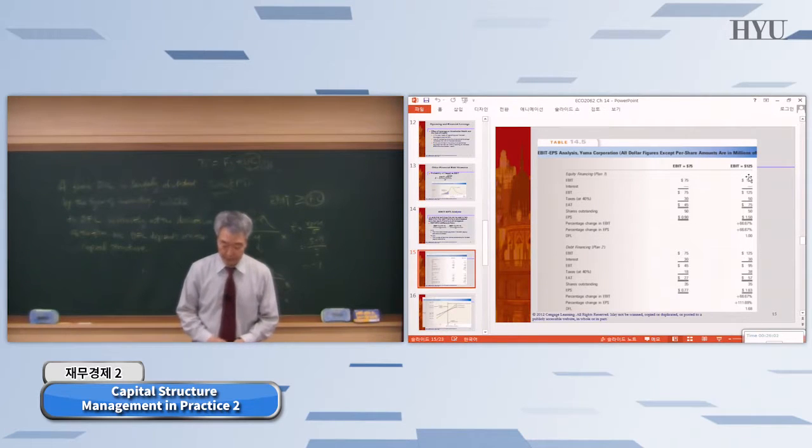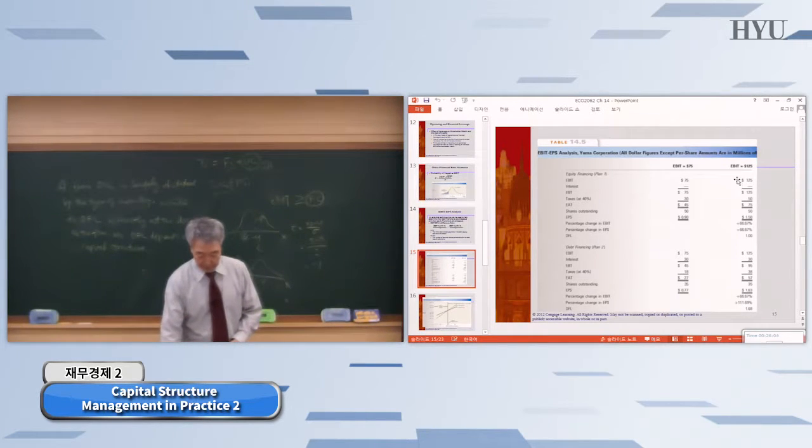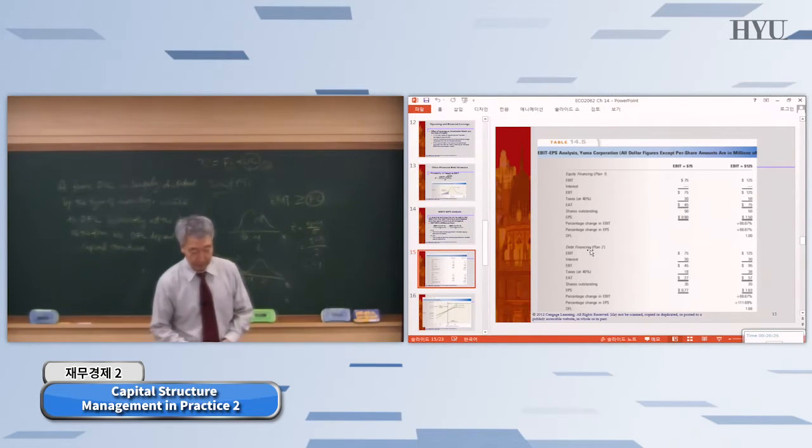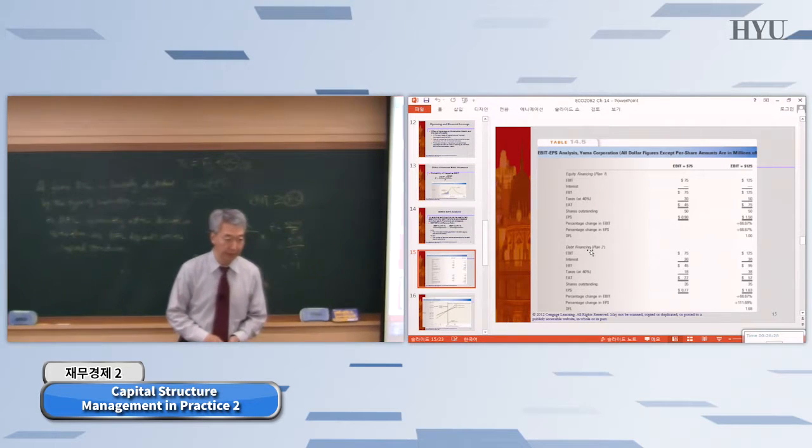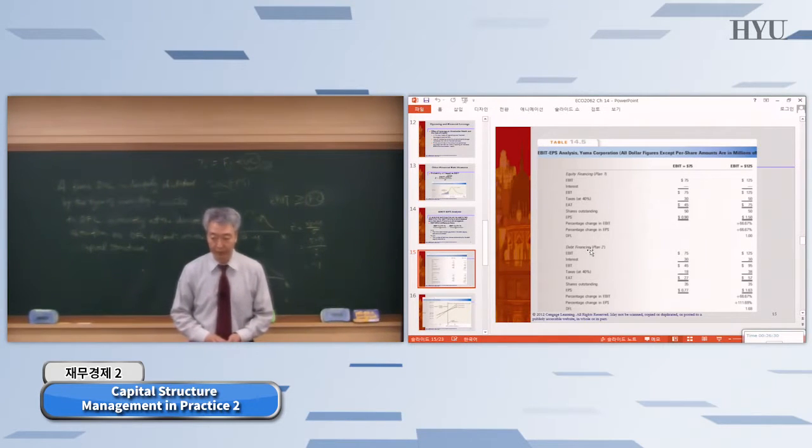The top chart here is 100% equity financing, no debt, so it's an unlevered company, as in the previous chapter's discussion. Plan 2 here is a case of debt financing, so this company takes on some debt instead of equity.